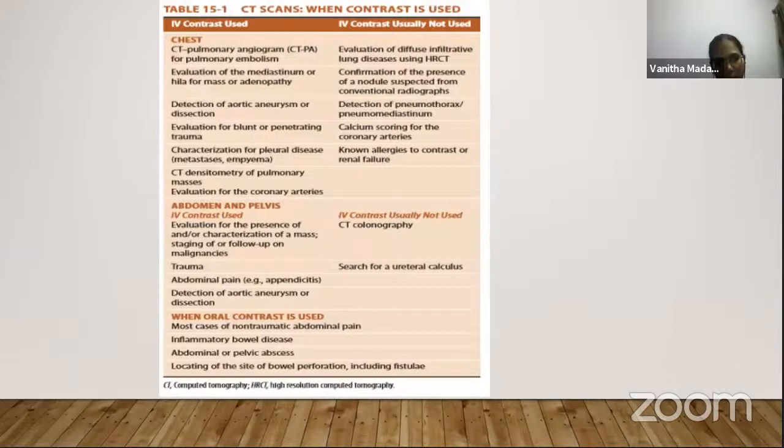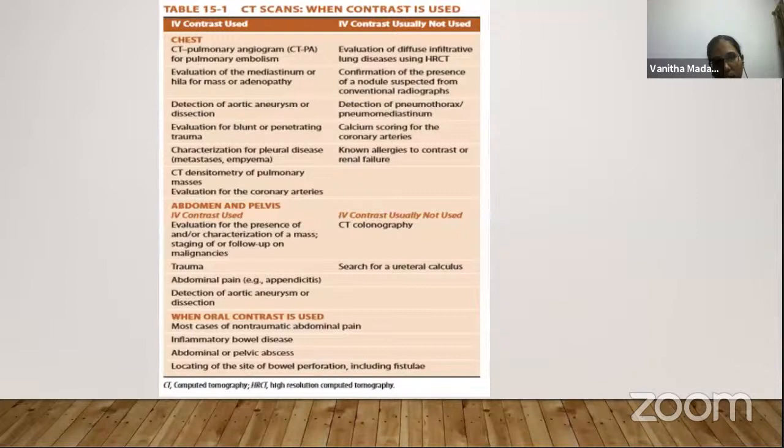And this table shows the indications of IV contrast, where we use it extensively in CT pulmonary angiography and in detection of aortic aneurysms or ruptures or dissections, and in trauma patients, as well as in inflammatory bowel diseases, and in patients with abdominal and pelvic abscesses, and to locate the site of bowel perforations.